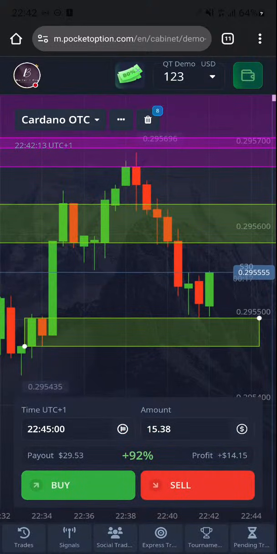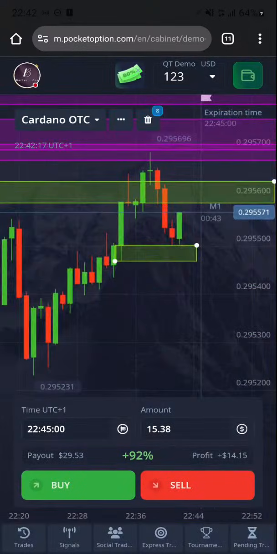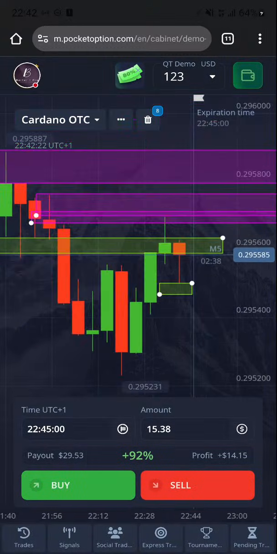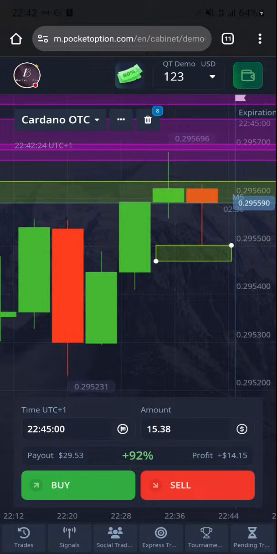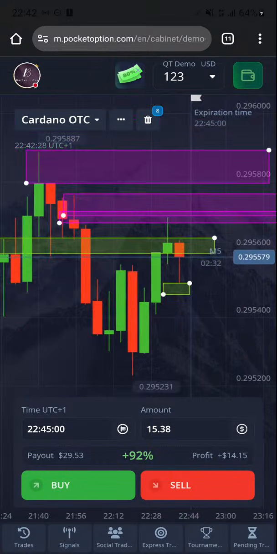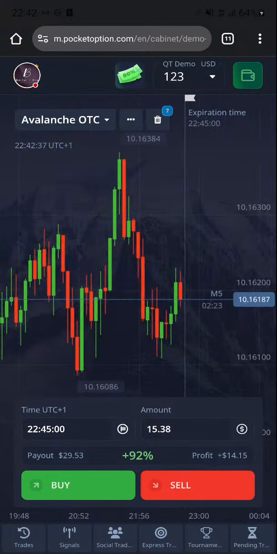Over here will be a very good one, and price is rejecting already. Sorry, let's go back to M5. I was thinking price would come into this area. We still have 2 minutes anyway. Let's keep it in the favorites and check the rest of the market.